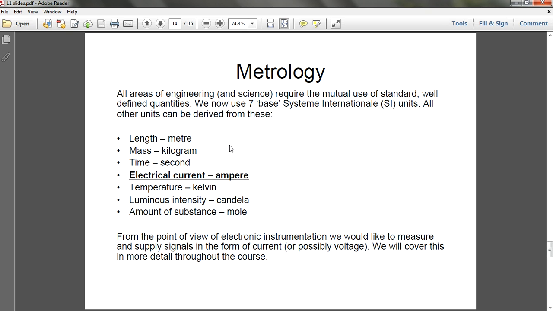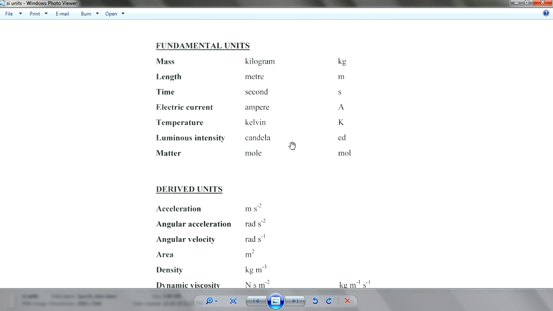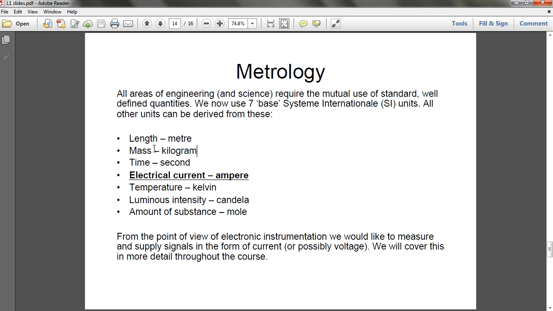There are actually 7 types of SI units that are the basis, meaning the primary SI units. The secondary SI units are like Newton meter. The standard set of SI units is this one, which corresponds to what you've seen here.